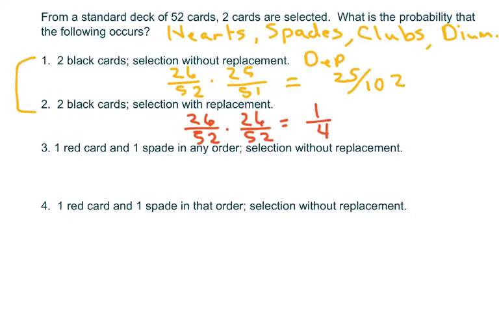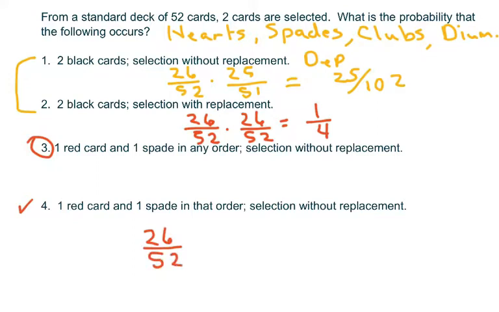All right? 1 red card and 1 spade in any order. And then 1 red card and 1 spade in that order. So let's do 4 first. Remember, we're going to have to do the permutation thing there. So basically, 1 red card and 1 spade. 1 red card would be 26 out of 52.